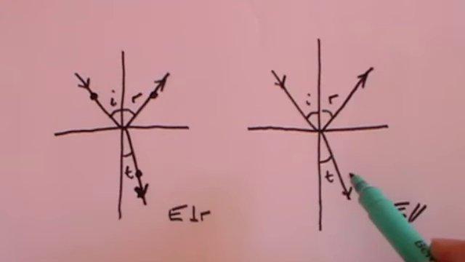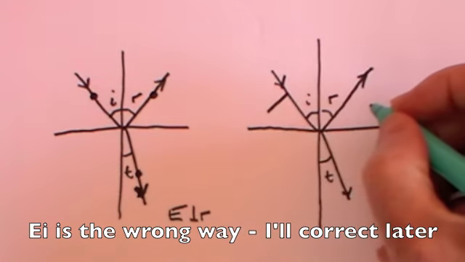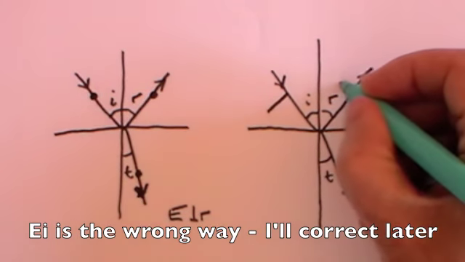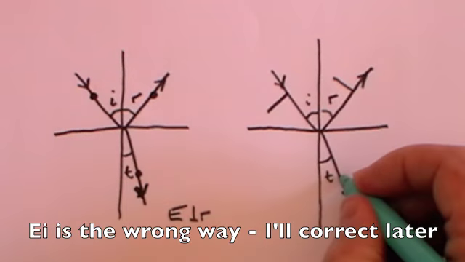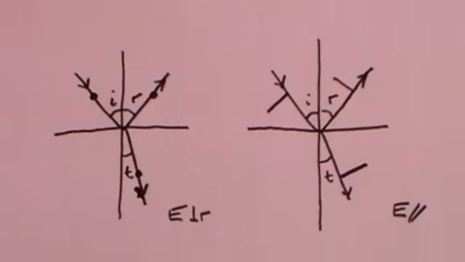On this diagram, we're going to draw the E field, which will be parallel to the paper, and it will look like that in each case. In each case, it is, of course, perpendicular to the direction of travel and sits on the plane of the paper because we've resolved the E fields into the two constituent parts.